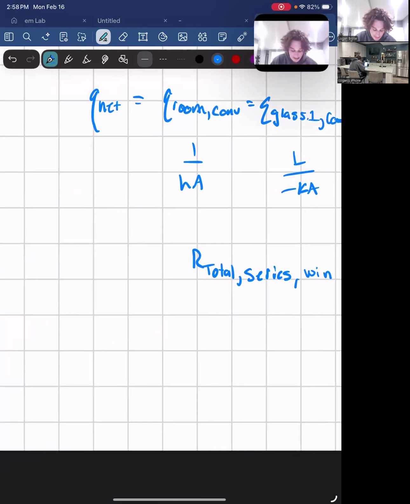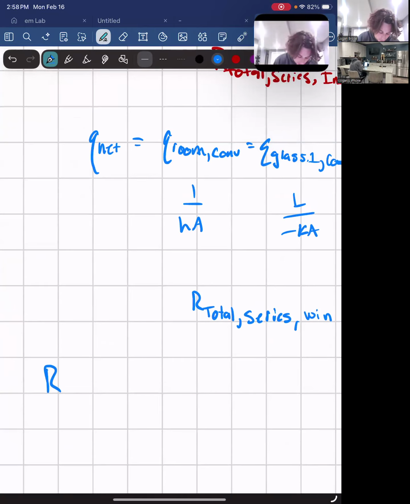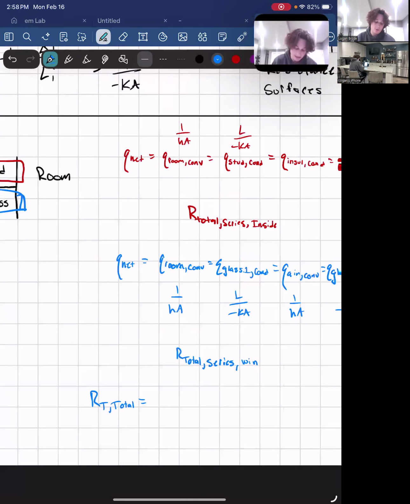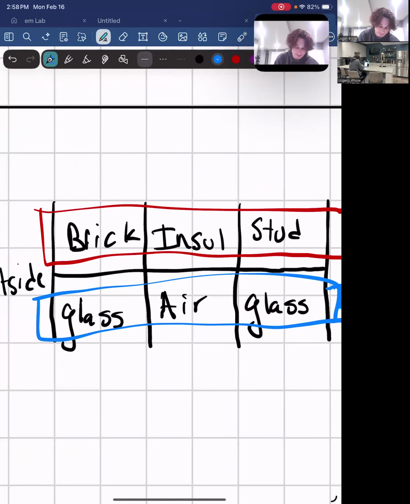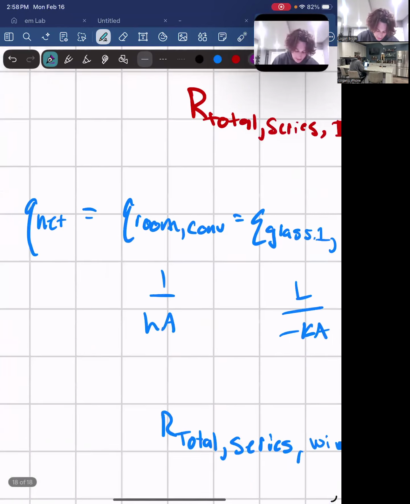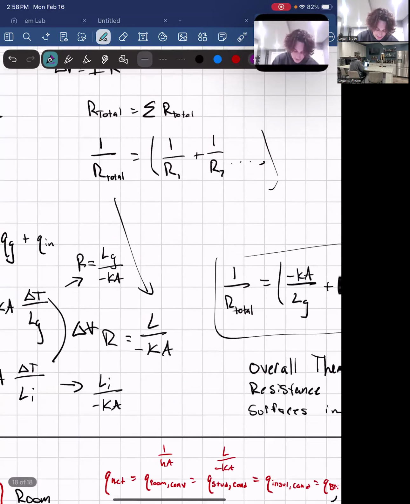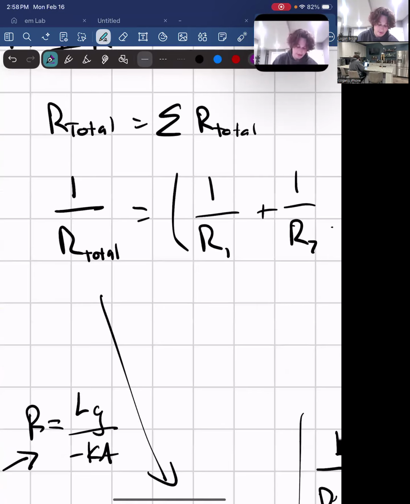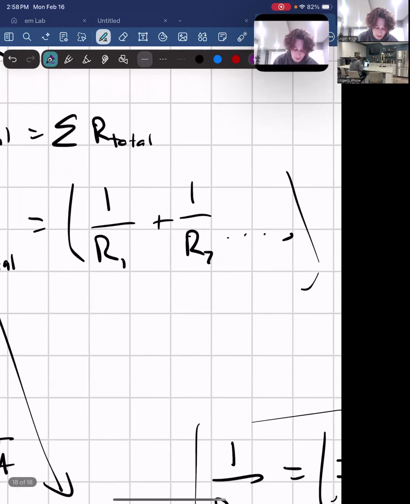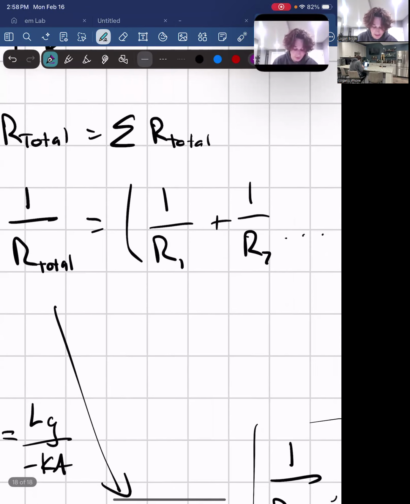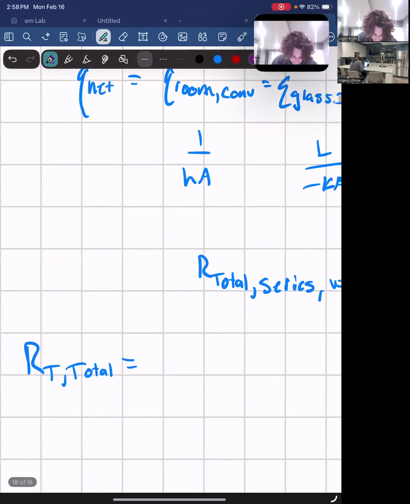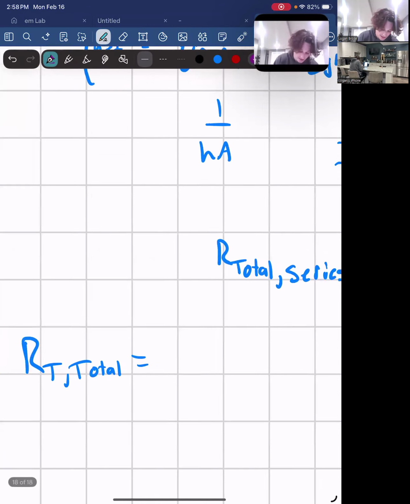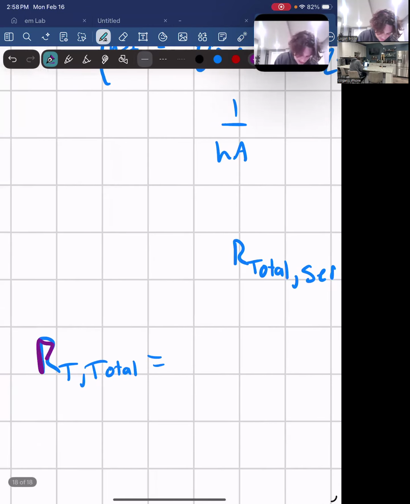Now we want to look at our total thermal resistance. When we look at this, we have to look at our parallel now. If you come back up to the section on parallel, our total is 1 over our total. We know this is for parallel.